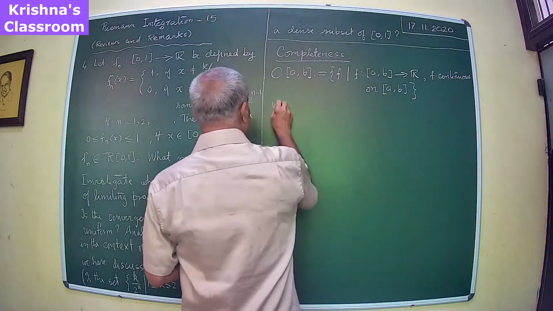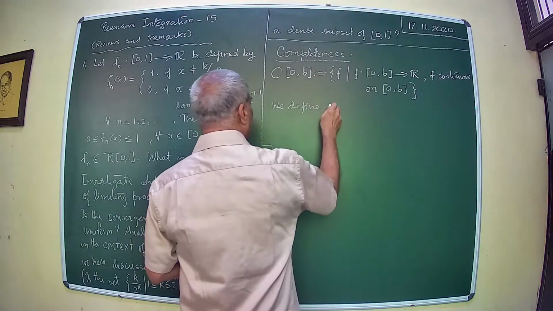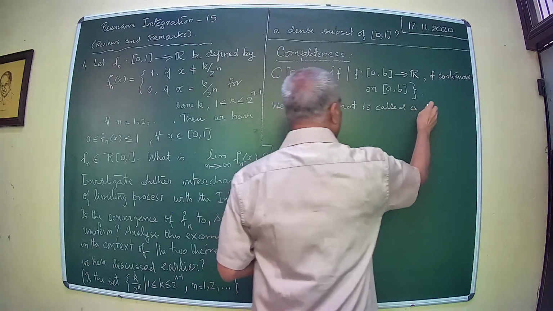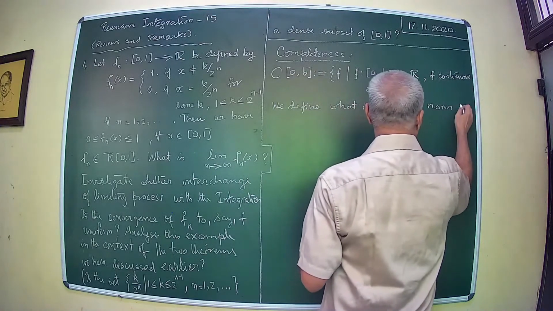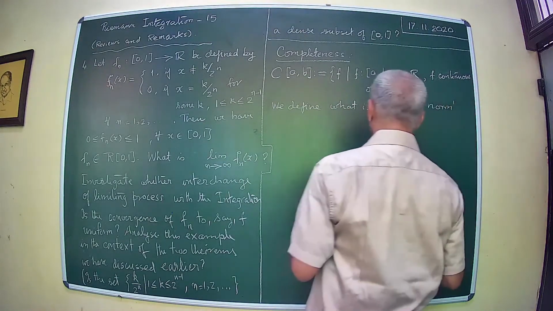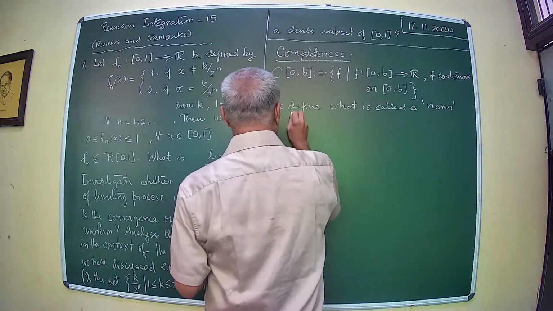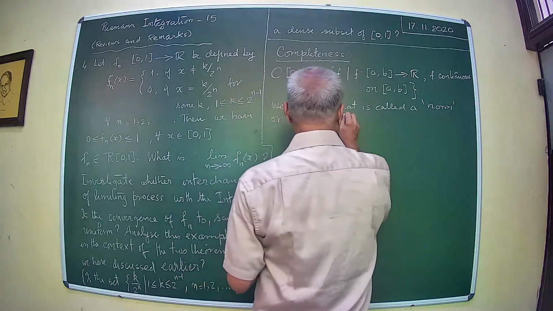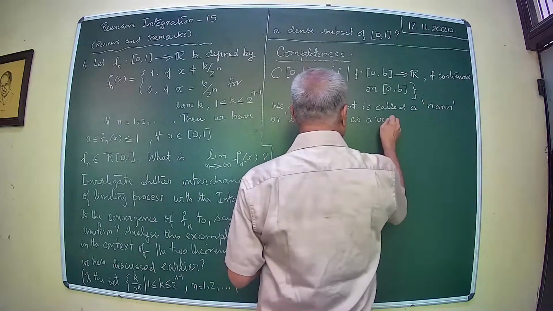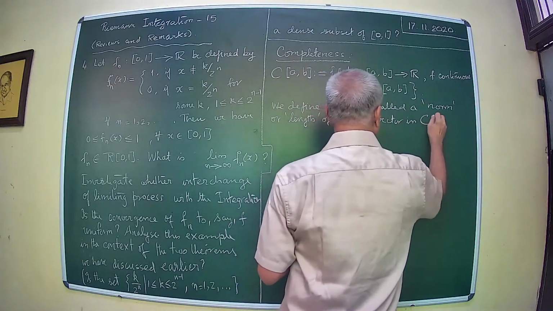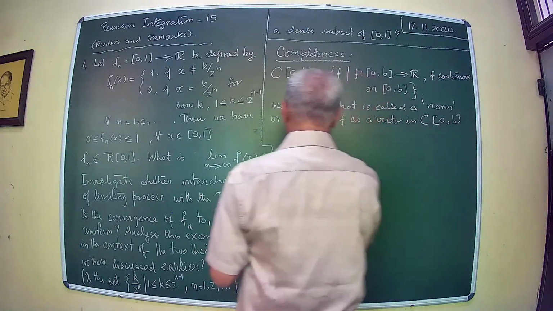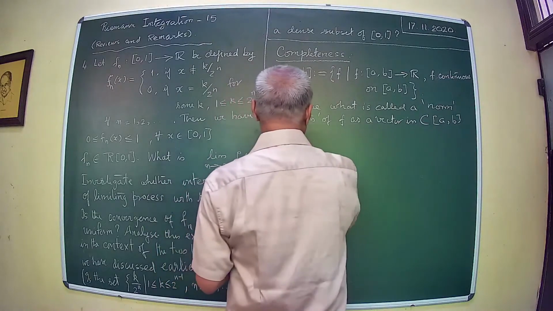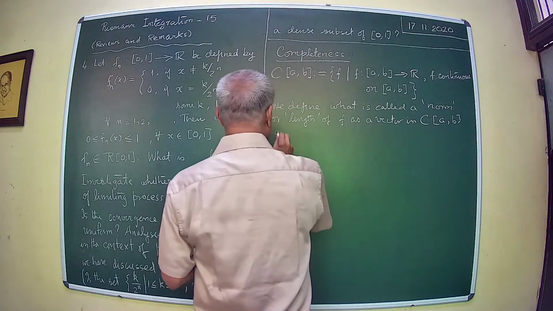Now we define what is called a norm, or length of f as a vector, given by the integral of mod f.